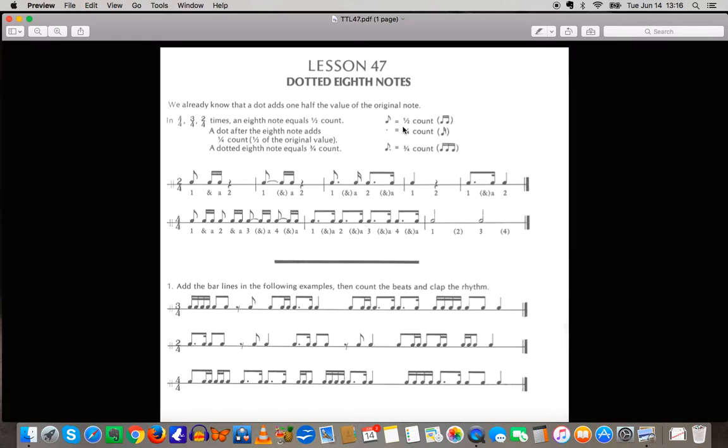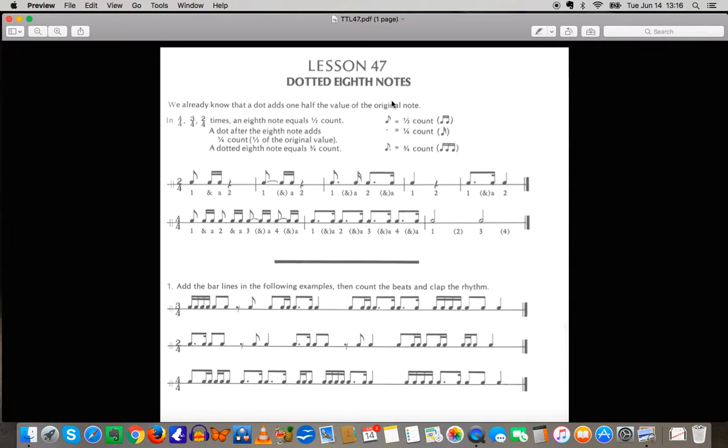If you wanted to think of it in another way with fractions, it would be like, note x times 1.5, in which case x is whatever note the dot follows.